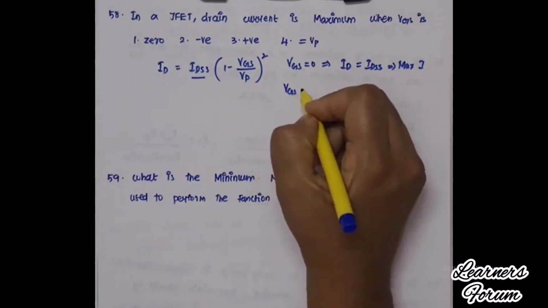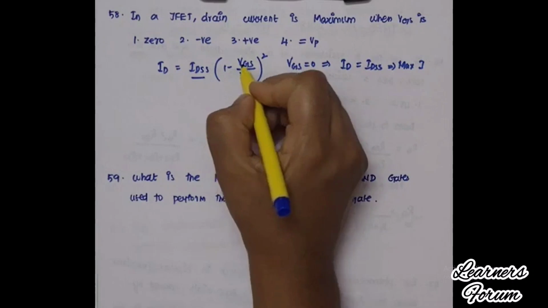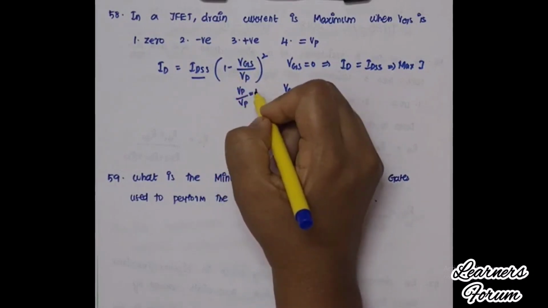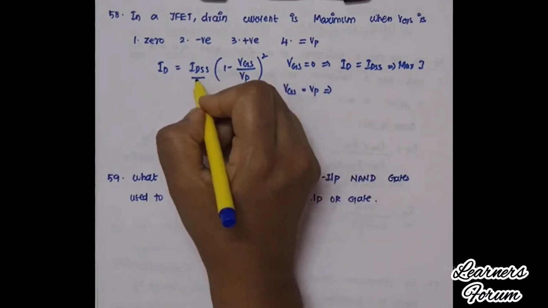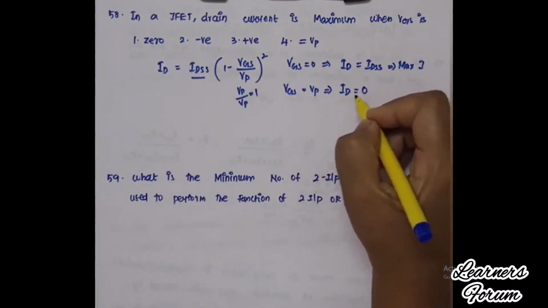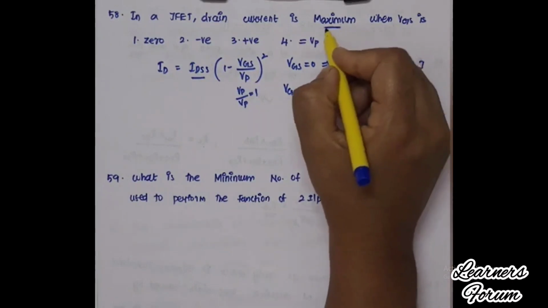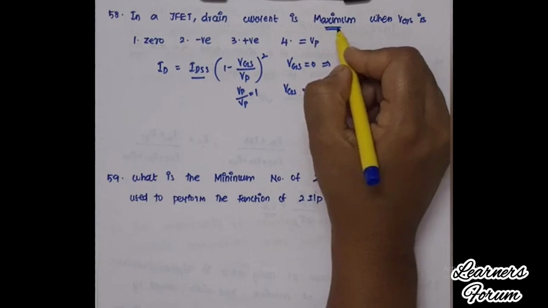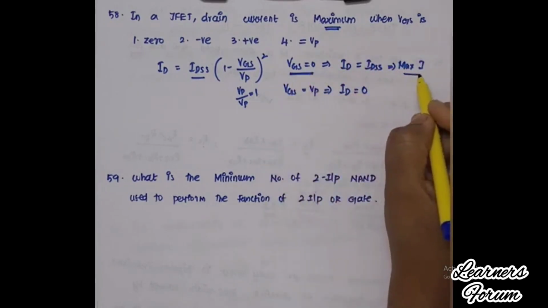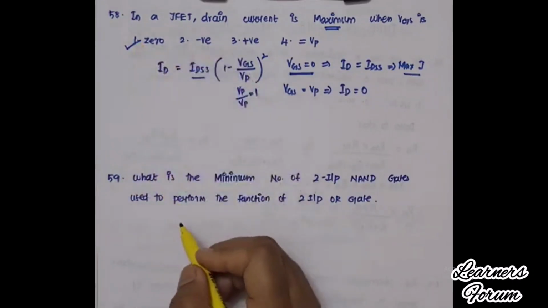Next, when the value of VGS is equal to VP, then substituting that over here, we will get VP by VP, which gets cancelled, which is 1. 1 minus 1 will be 0. So the drain current ID will be equal to 0, which is the minimum value. The question is all about the maximum value when the value of gate source voltage is. So to get the maximum current, we have to set the VGS as 0, which means option 1, 0 is our correct answer.